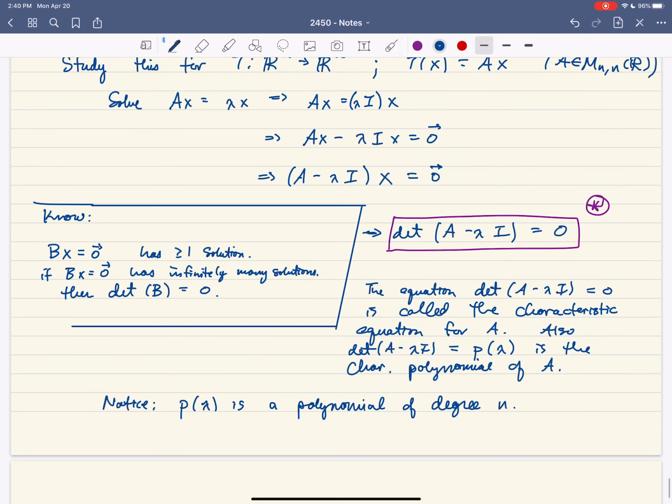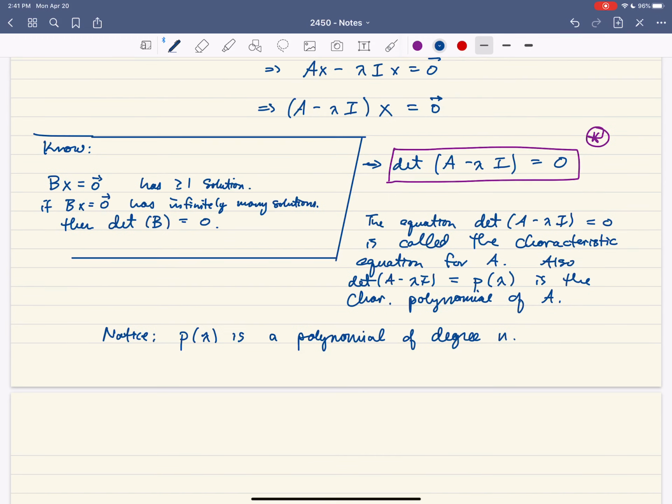And so if we want to figure out solutions, when this polynomial is equal to 0, we know that we'll have at most n solutions. So this tells us that A has at most n different eigenvalues.